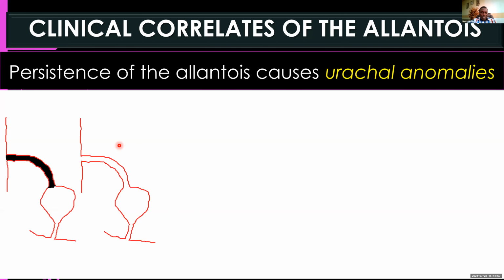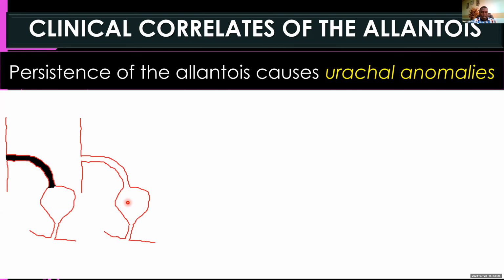So in this second image, I'm showing you a similar thing, but the whole of the urachus has not solidified, which means it has a lumen that is connecting the urinary bladder to the anterior abdominal wall. You will have a communication. The term given to abnormal communication between two epithelial surfaces is a fistula.